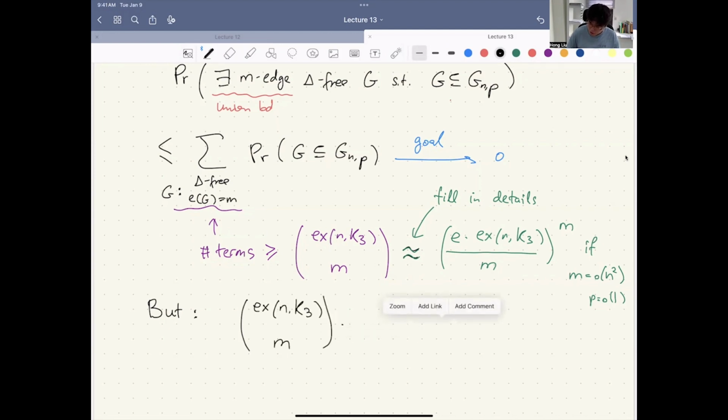Number of terms times this probability. What is this probability?